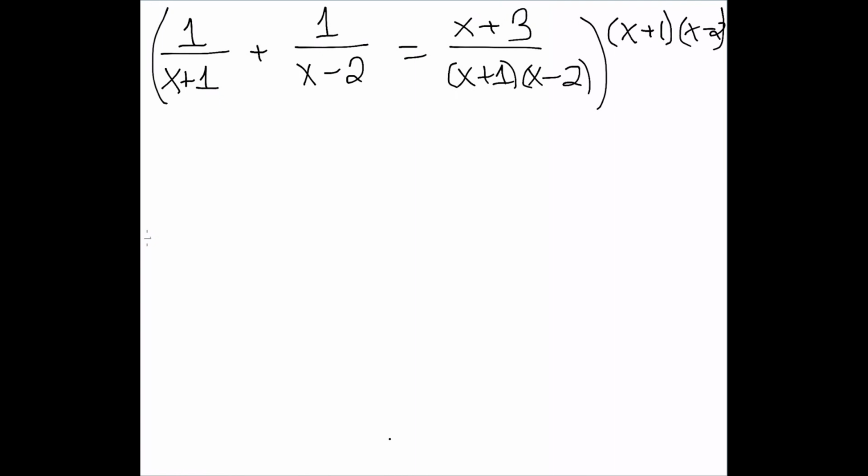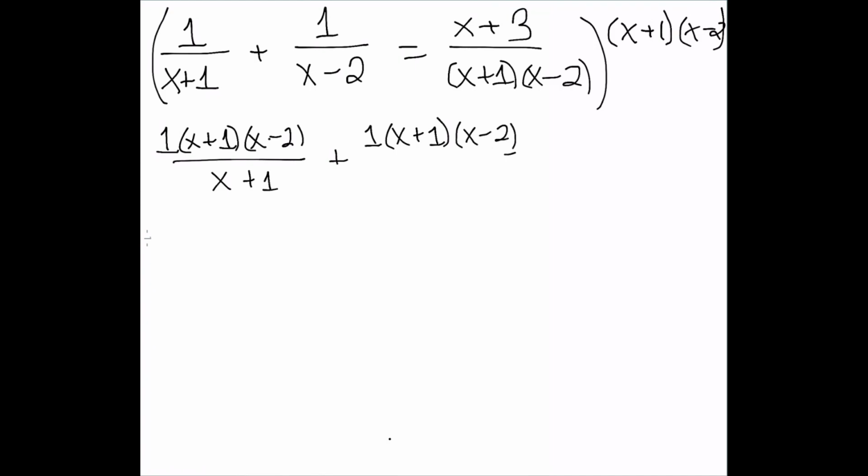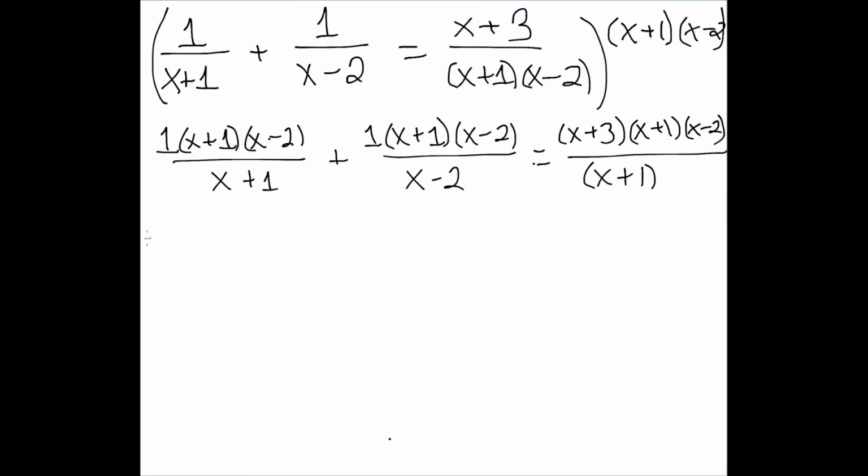So when we multiply, we end up with 1 times (x plus 1)(x minus 2) all over x plus 1, plus 1 times (x plus 1)(x minus 2) over x minus 2, is equal to (x plus 3) times (x plus 1)(x minus 2) all over (x plus 1)(x minus 2).